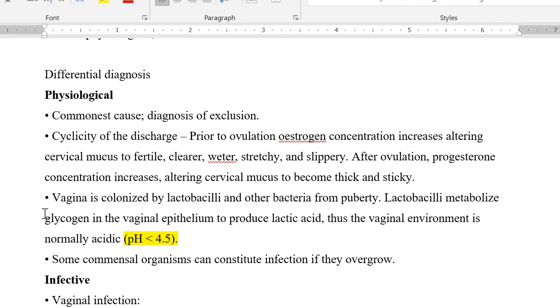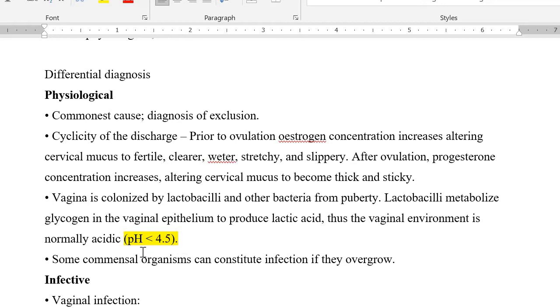As we know, the vagina is colonized by lactobacilli and other bacteria from puberty. Lactobacilli metabolize glycogen in the vaginal epithelium to produce lactic acid, and thus the vaginal environment is normally acidic, so the pH is less than 4.5.